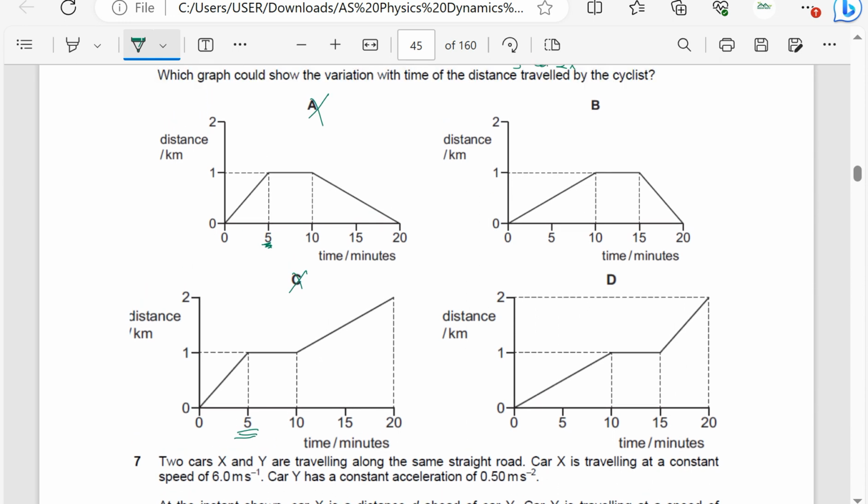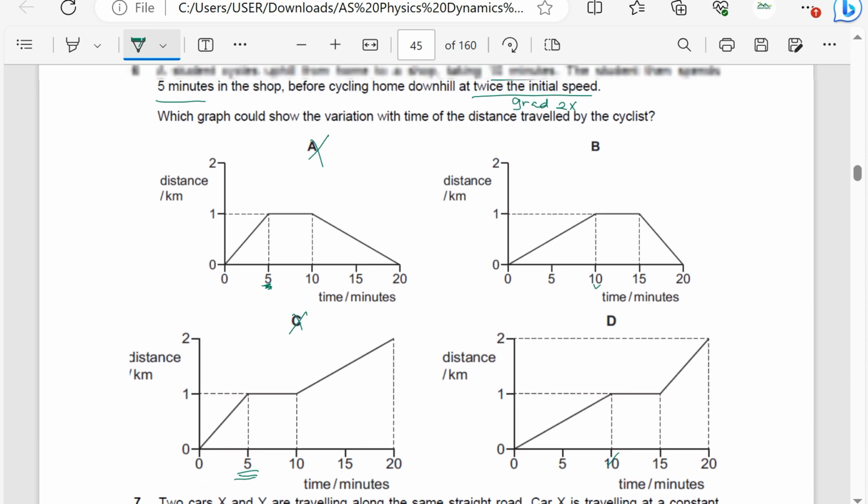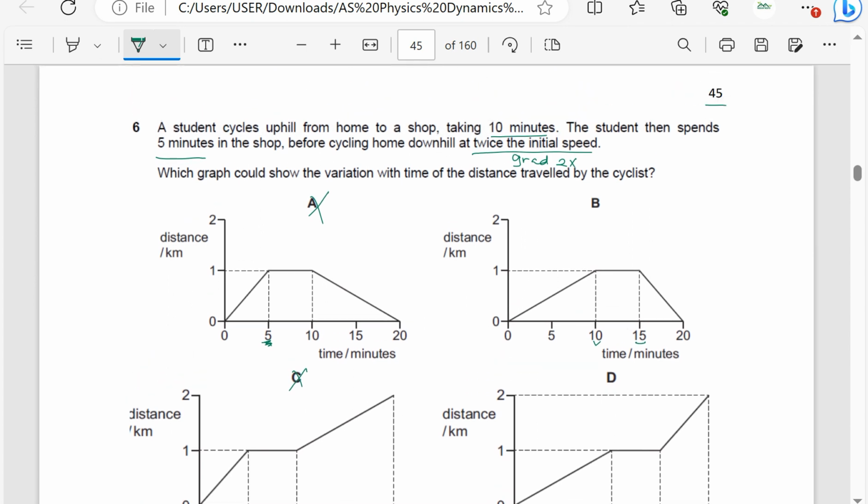For B and D, the distance is remaining constant after 10 minutes, which is fine. It remains in the shop for 5 minutes, so the distance remains constant for another 5 minutes, which is also fine for both the graphs. Then the student spends 5 minutes in the shop, where the distance remains constant, before cycling home down at twice the speed.